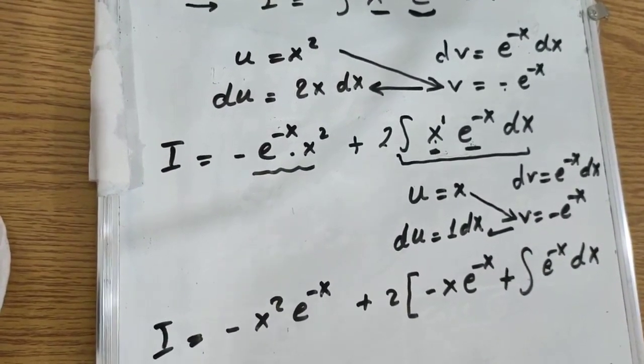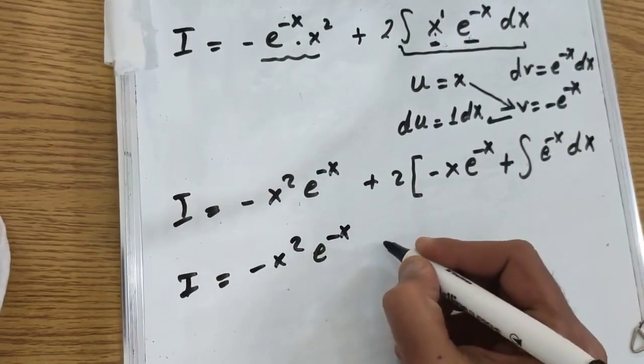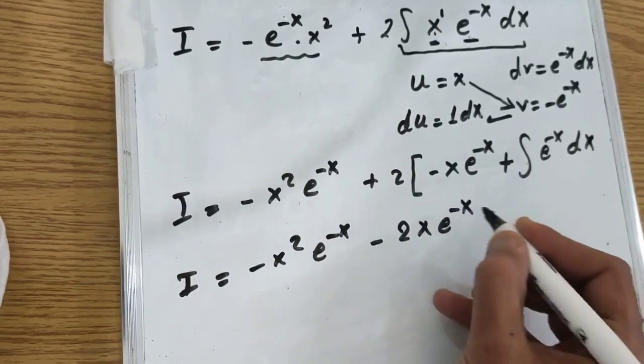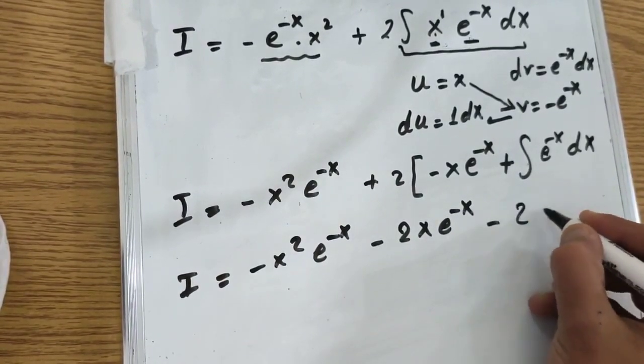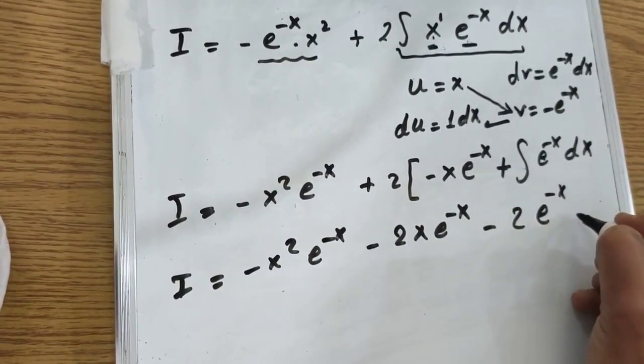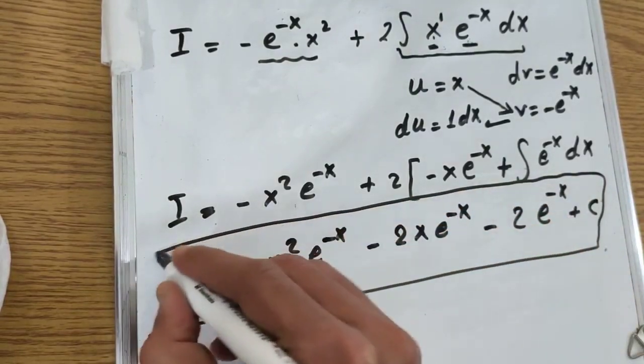Now this integration is an easy one. We can expand the 2 inside: 2x e power negative x plus 2. The integration of e power negative x will be negative e power negative x plus c. Now that is the answer of the integration.